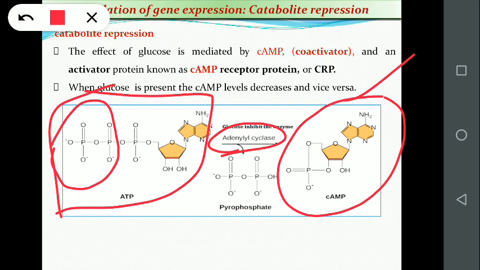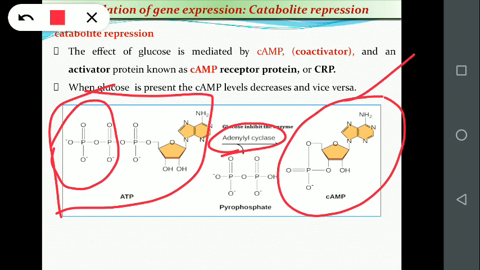Cyclic AMP acts as a secondary messenger in signal transduction. When you study the signal transduction process in your cell biology paper, you will know the importance of cyclic AMP. It acts as an intracellular messenger molecule. So from ATP, cyclic AMP is synthesized by adenylyl cyclase.